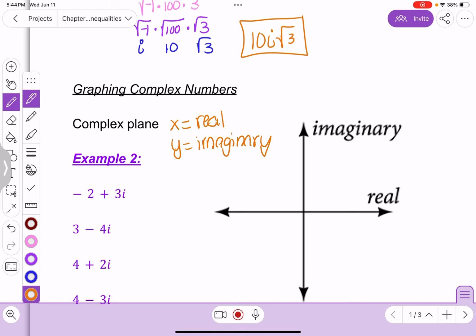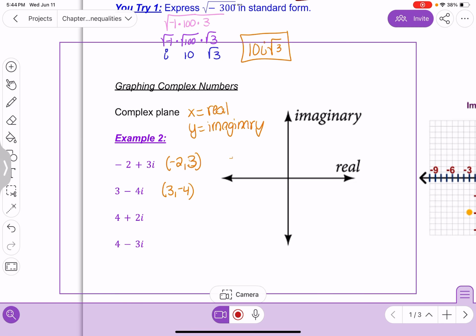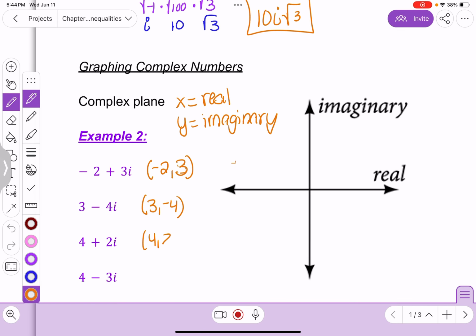So negative 2 plus 3i would be like graphing negative 2, comma 3. 3 minus 4i would be like graphing 3, negative 4. 4 plus 2i would be like graphing 4, comma 2. And 4 minus 3i would be like graphing 4, negative 3.